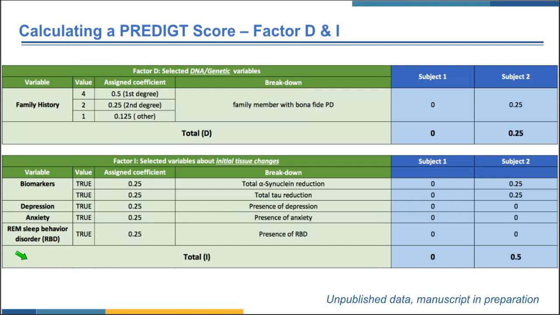And then for factor I, the first subject doesn't have any wearables associated with factor I. And for subject 2, the level of alpha-synuclein and tau in the spinal fluid is lower than the cut value. So this is associated with high risk, and his score on factor I will be 0.5.